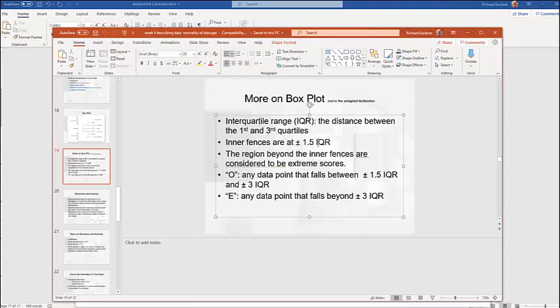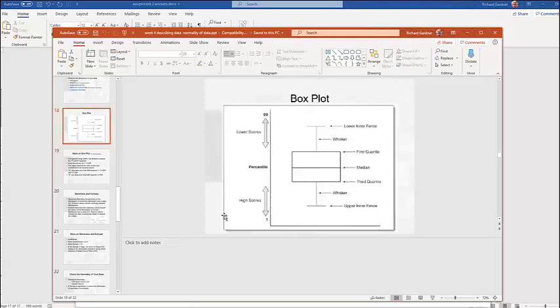So the interquartile range is the old-fashioned way of identifying an outlier. You would take your third quartile, let's say it was 80, and your first quartile was 60. You subtract the first quartile from the third quartile, the little number from the big number. 80 minus 60 is 20.